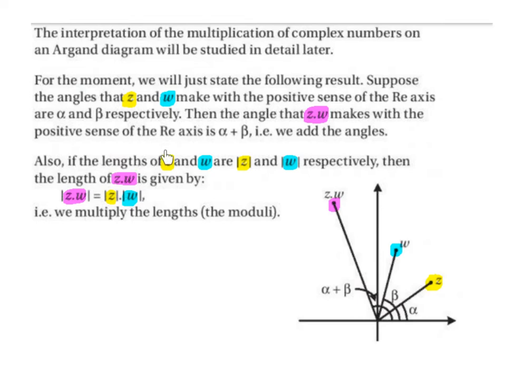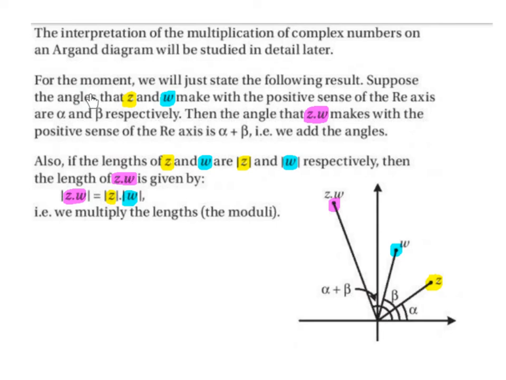Also, if the lengths of z and w are the modulus of z and the modulus of w respectively, then the modulus of z times w is equal to the modulus of z multiplied by the modulus of w, i.e. we multiply the lengths or the moduli.